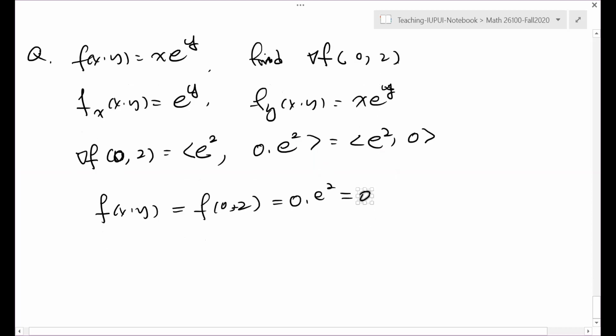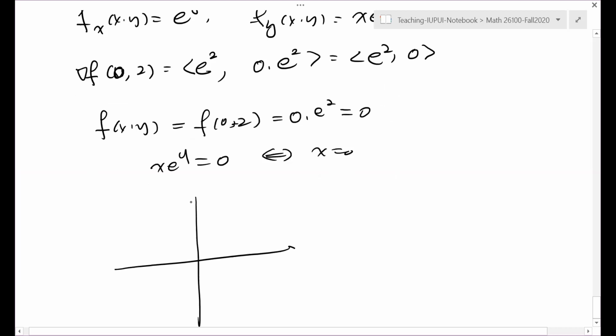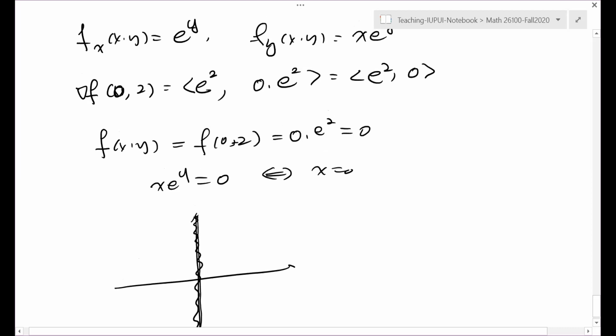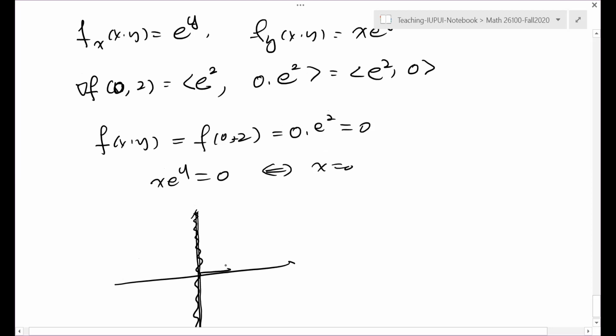So the level curve passing through this point is x e to the y equals 0, which implies x equals 0. It's a straight line, the y-axis. The gradient is in that direction. This is the gradient of f, so it's perpendicular to the level curve.